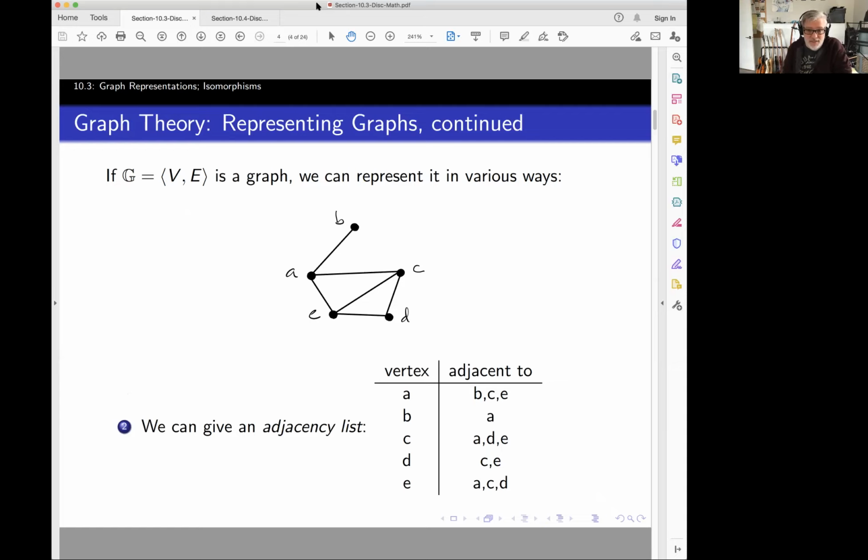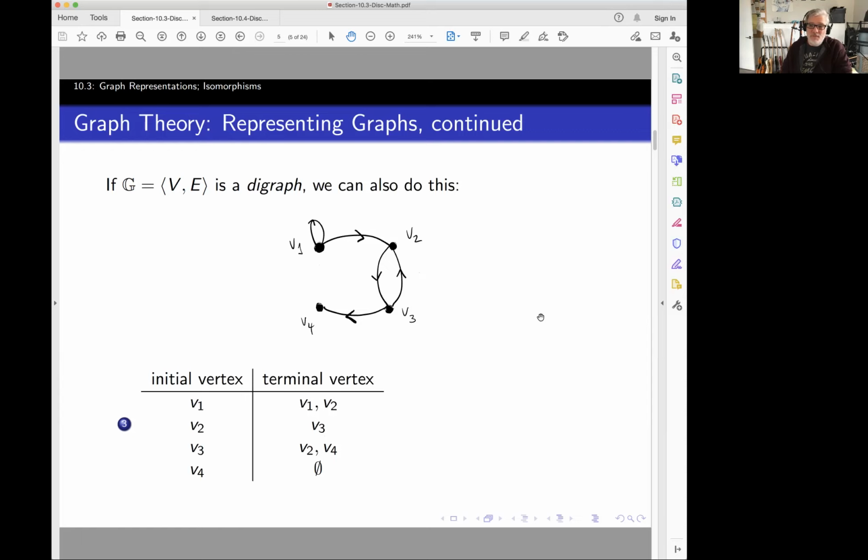It's A, B, C, D, E. And next to each of these vertices, you write all the vertices to which the given vertex is adjacent. So for example, here A is adjacent to B, C, and E. So you write B, C, and E here. Okay, so this is an adjacency list. It's sort of silly, so I wouldn't worry too much about that.